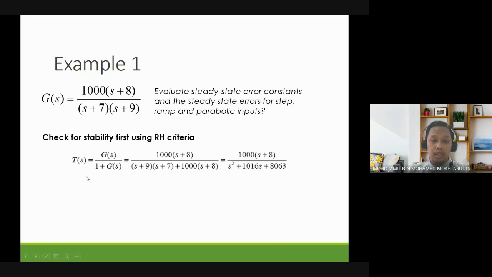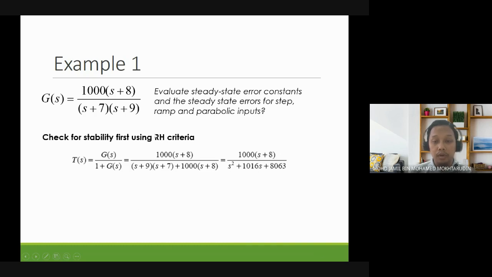Okay, so let's say this is a unity feedback system. First we need to find the closed loop transfer function. Using unity feedback, G(s) over 1 plus G(s), and substitute for G(s), so you get this closed loop transfer function.